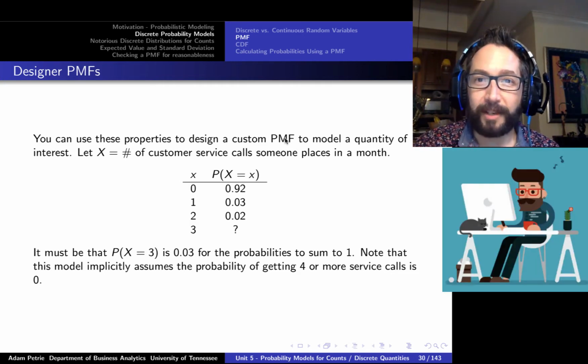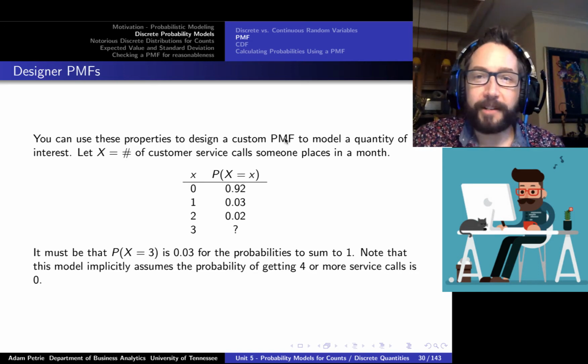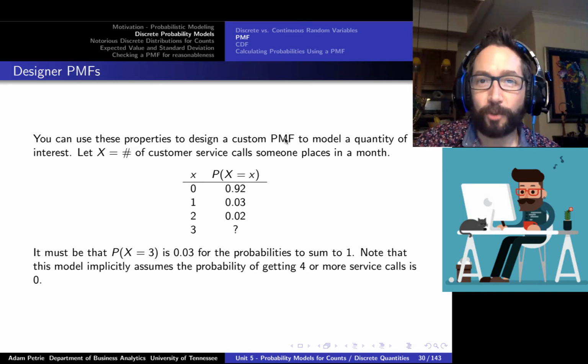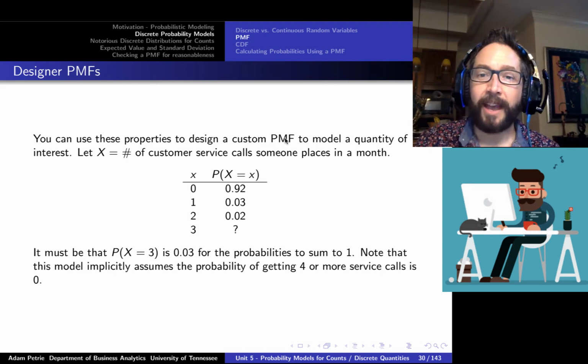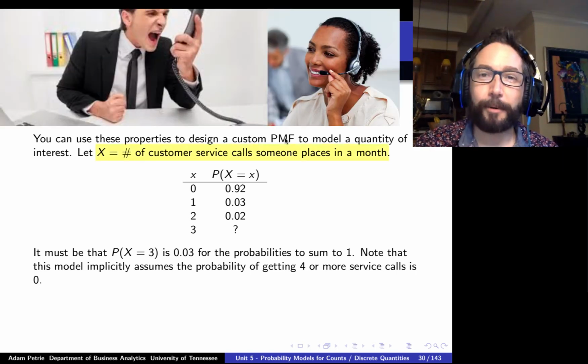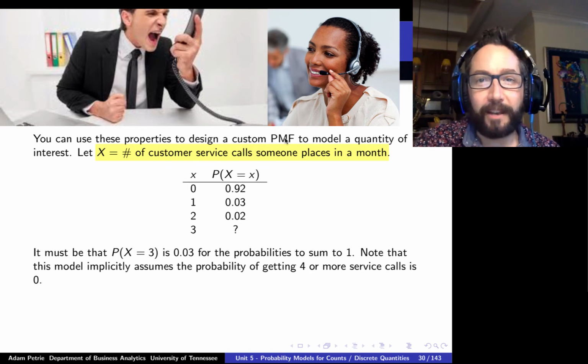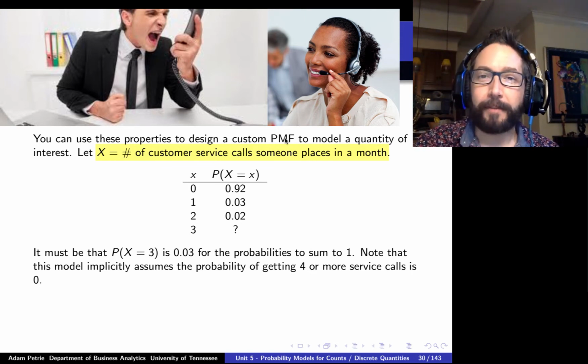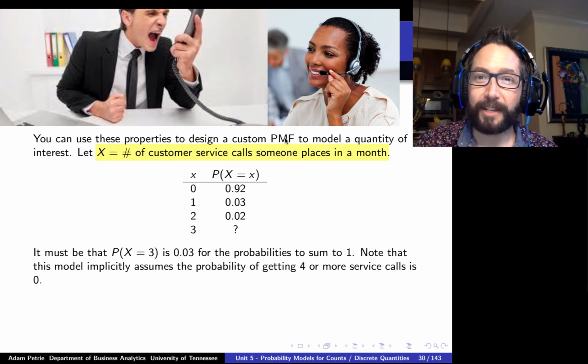All right, so with that in mind, we're actually ready to start designing our own PMFs to model the inherent variability in processes that are interesting to us. So one thing we might be interested in studying is the number of customer service calls that someone makes, say to AT&T, per month. So if I gave you a table to represent the PMF with possible values 0, 1, 2, and 3, you'd be able to fill in that table with a valid set of probabilities. We know that the sum over all those probabilities has to equal 1.